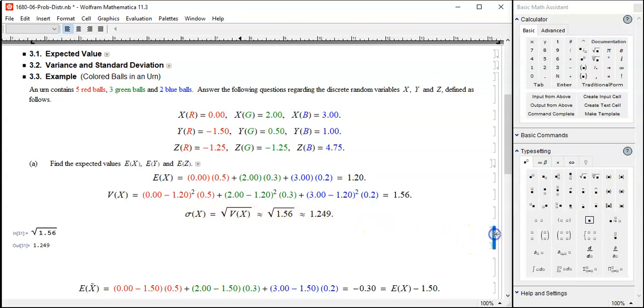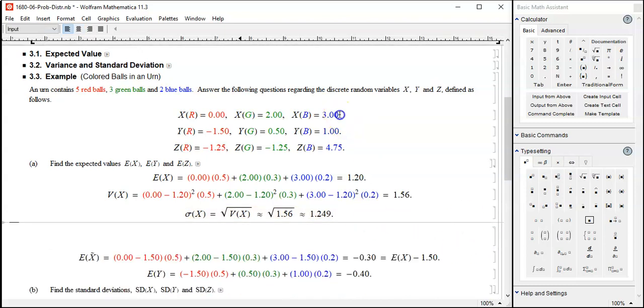Okay, I have it. So the first game has this standard deviation. So this measures the dispersion.